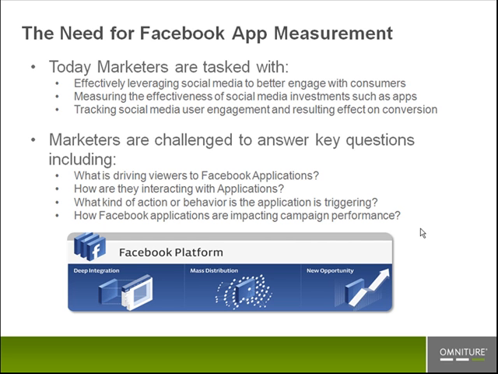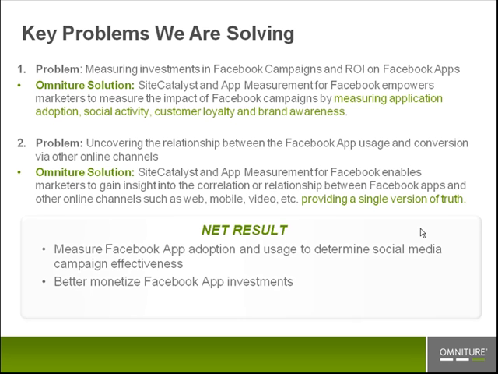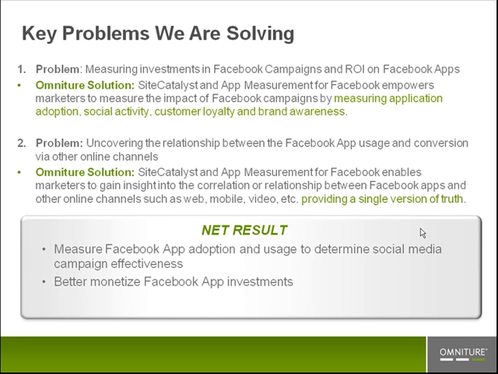Measuring what's effective within the apps and what isn't, and then making the app better, and then tracking engagement and seeing how it results. Does it result in conversion? Is there a way to make your Facebook apps influence conversion even more? Those are the kinds of things that we're looking to answer for marketers.